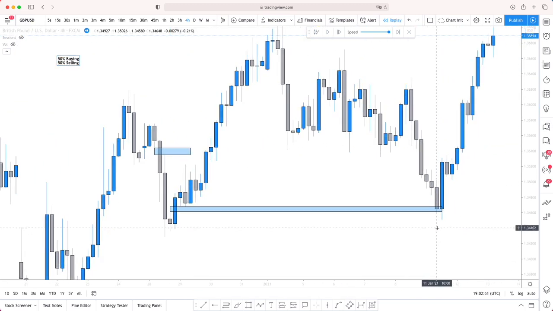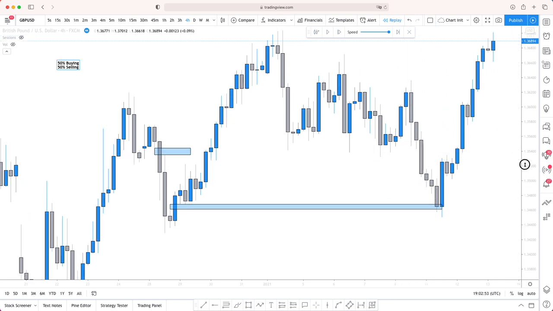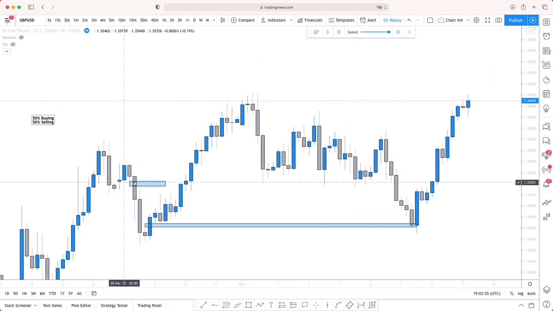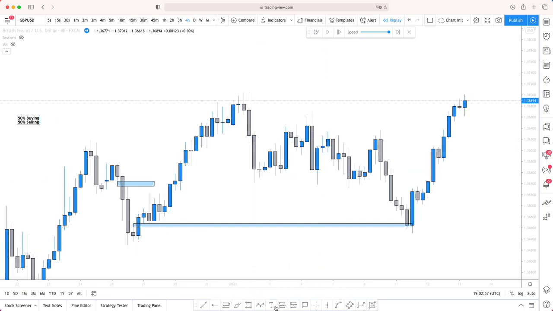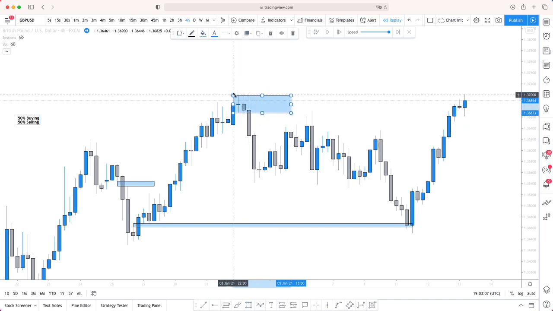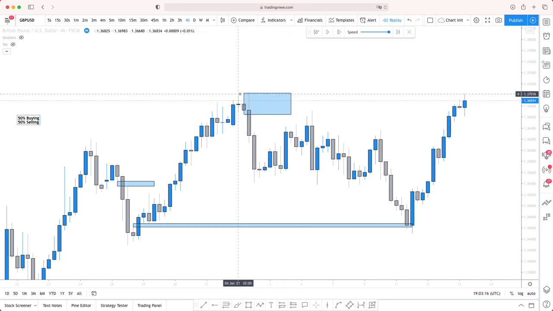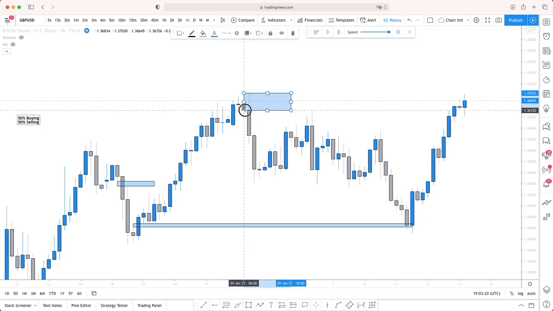The only time we need to really think about the imbalance is if it has an OB next to it. For example, up here, we created this low and then went and broke structure. So the order block is this candle here. We're going to refine that to the next candle sitting here. What we can see is this wick is taken over from the previous wick, so that wick on its own is an order block.